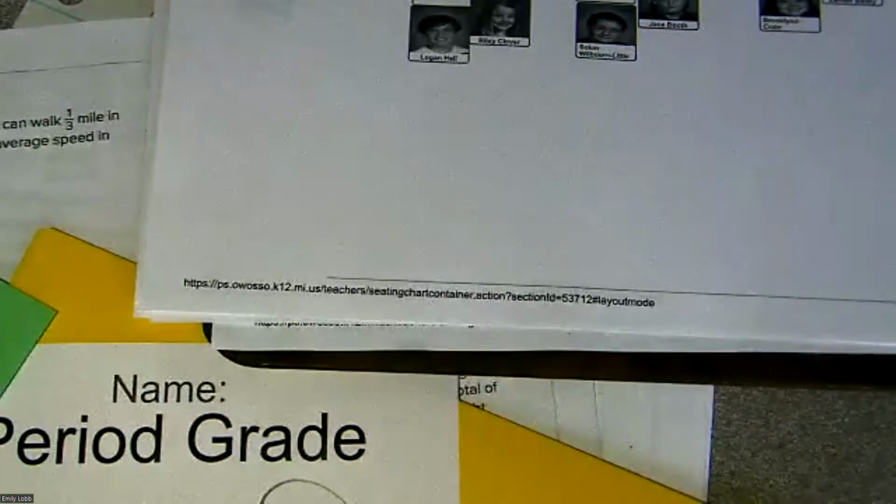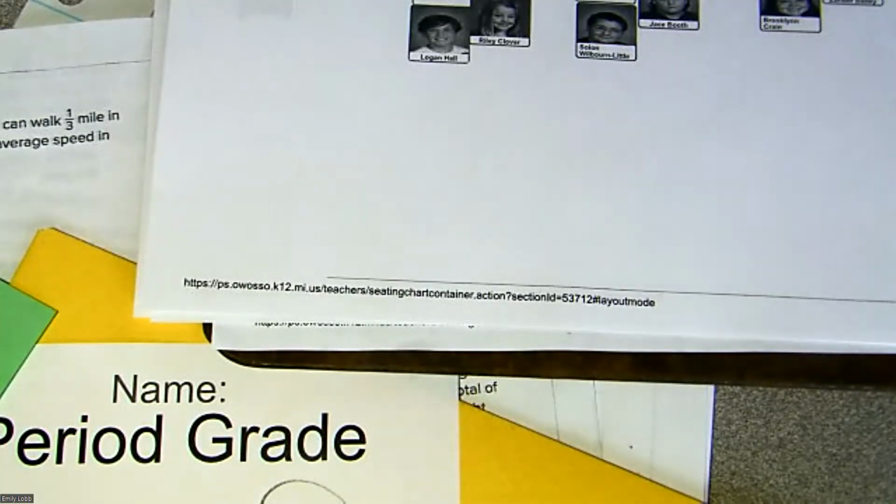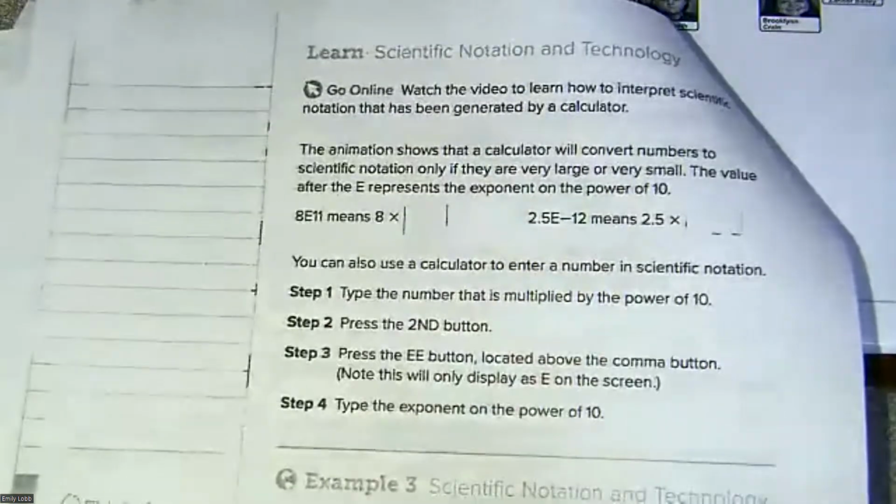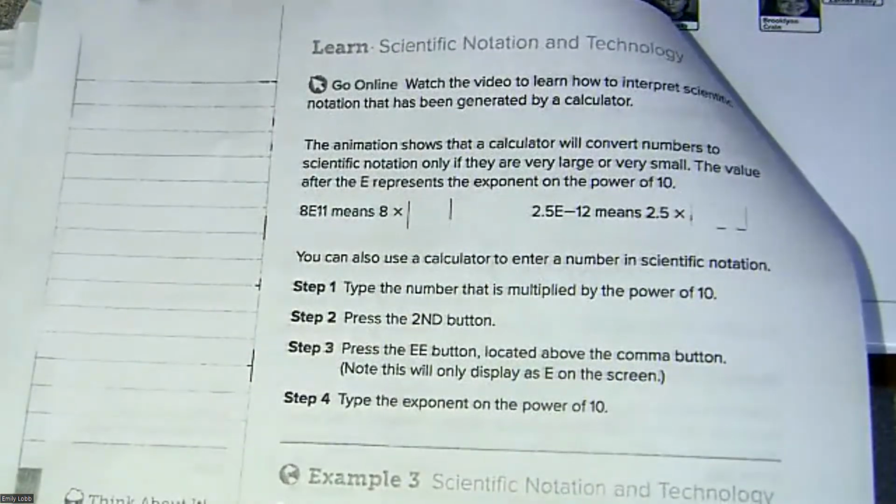All right. Hop back to example 3. This is on page 46. Okay, so scientific notation and technology. We just saw this in the calculator.